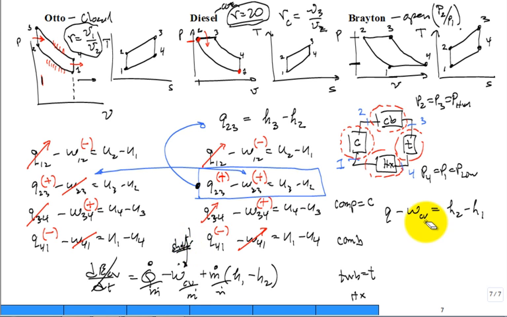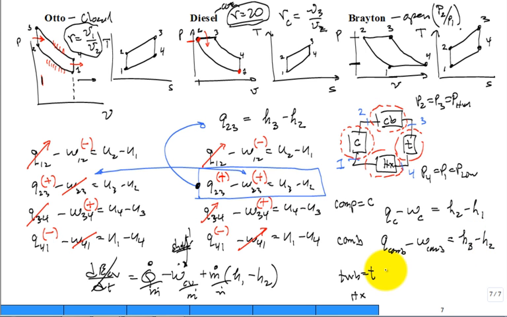So what I'm going to do is write this equation not only for the compressor, but also for the combustor: Q combustor minus W combustor equal to the change in enthalpy, h3 minus h2.